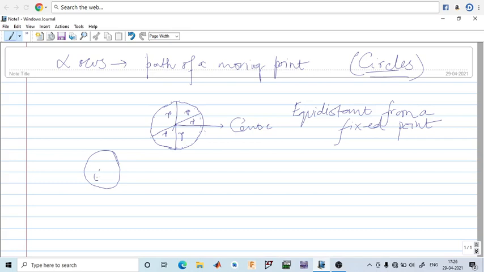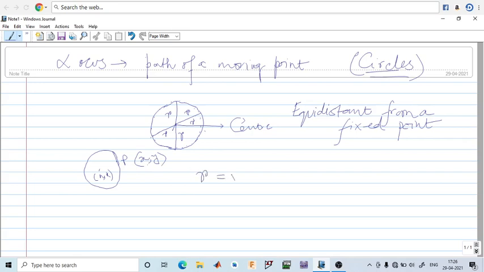Let us consider the coordinate of the center is (h, k), right? And any point on the circle, let us consider P, is denoted by the coordinate (x, y). Then what will be the distance of the radius?